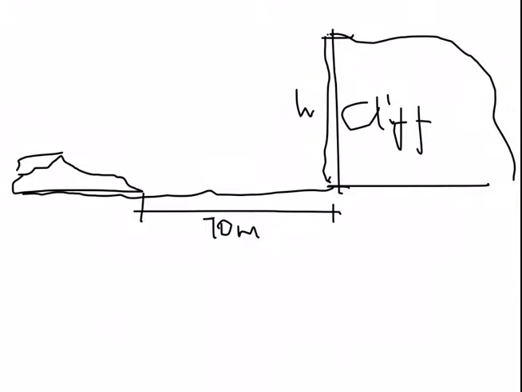If there is a ship which is 70 meters away from the cliff, there will be a line from there to the top of the cliff, whereby we can simply measure that angle, which let's say is given to us as 55 degrees. So all of this is what you will be given.